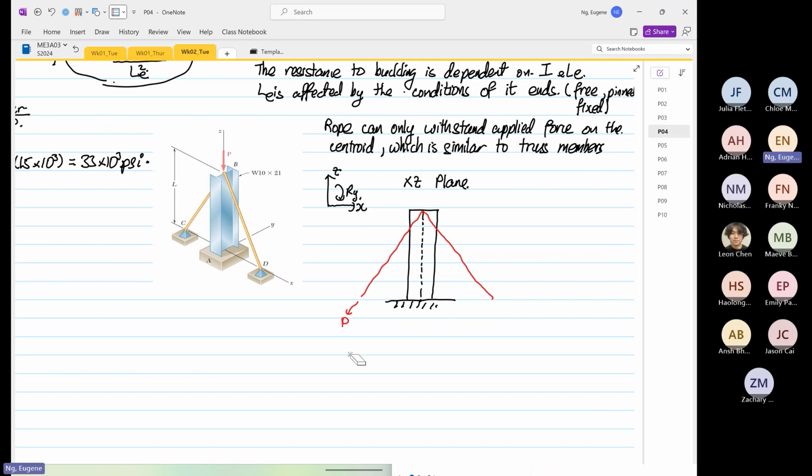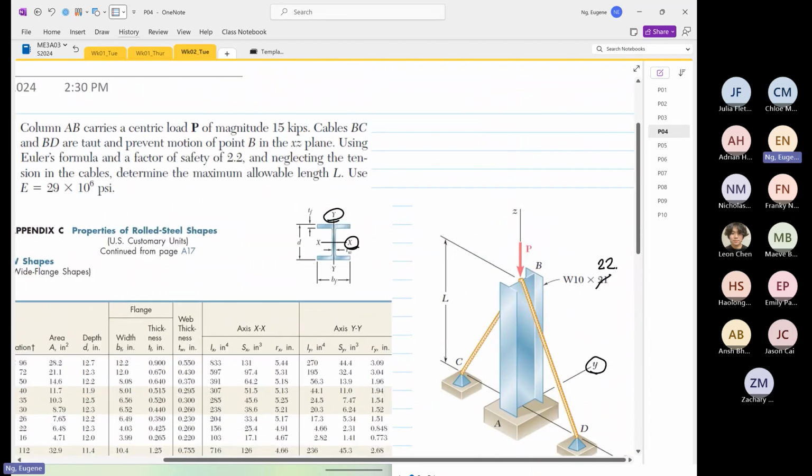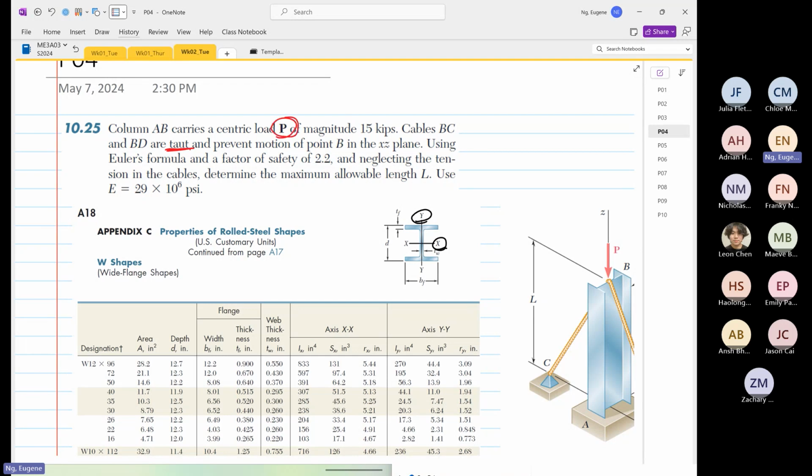So we call this an applied force. And the question did say the applied force is such that the BC and BD are taut. Okay. So this load P should not be affected by the rope.